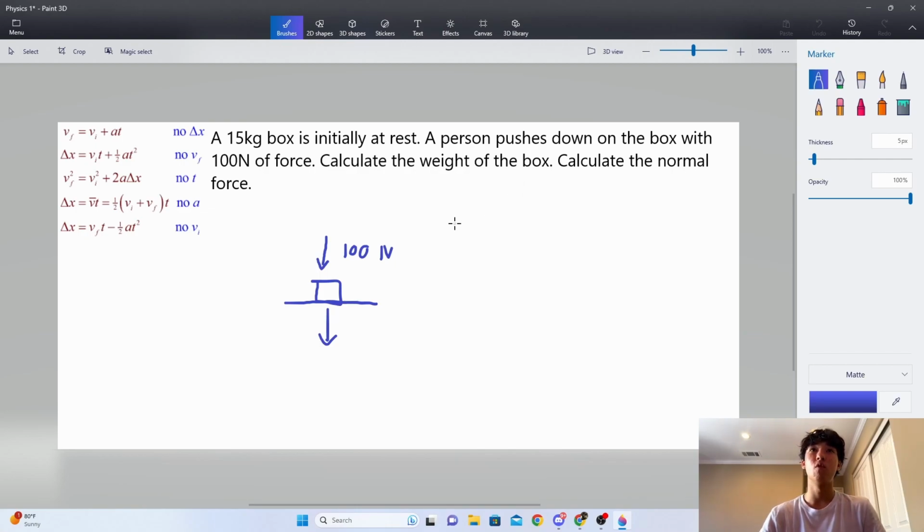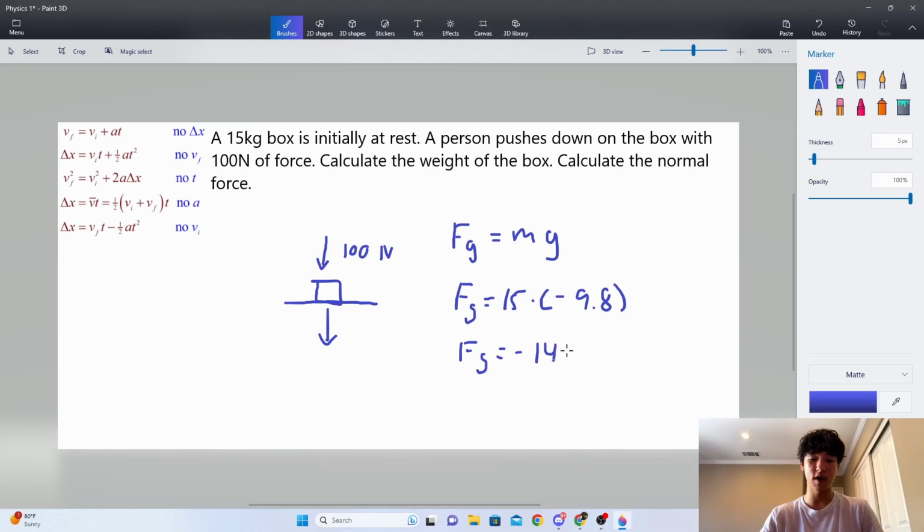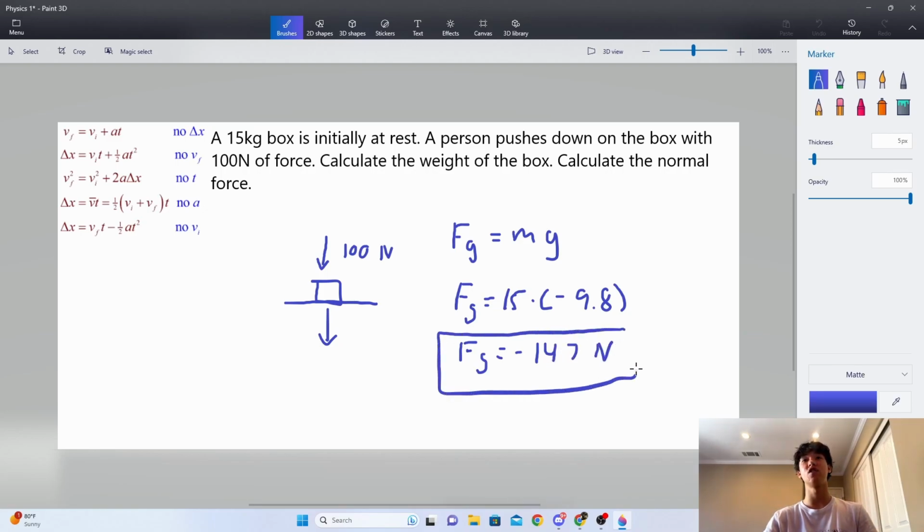So the weight of the box, right, is just F_G, which is mass times gravity. So F_G is equal to 15 times negative 9.8, which is equal to negative 147 newtons. And that is the weight of the box.